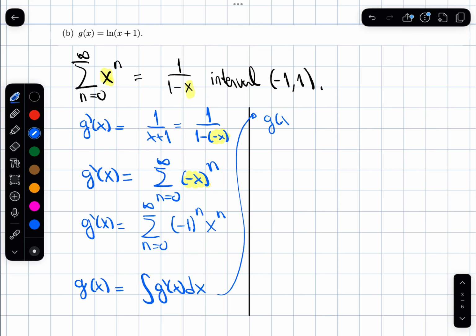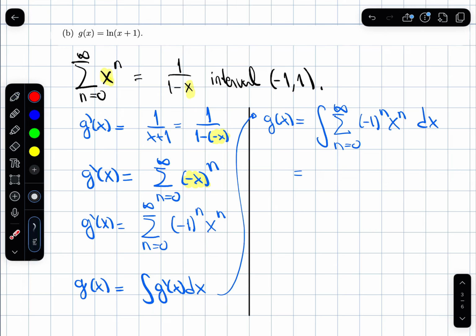So then g of x will be the antiderivative of this whole series. And so we can, of course, by the theorem we read at the beginning, take the antiderivative just on this part. This has no x in here, so only this matters for the antiderivative portion, but I gotta keep the plus c.